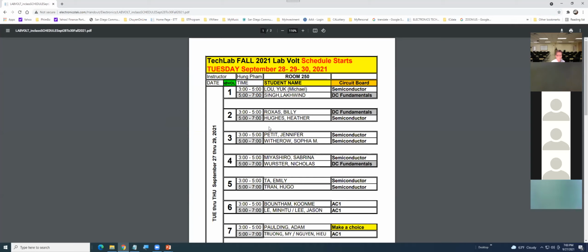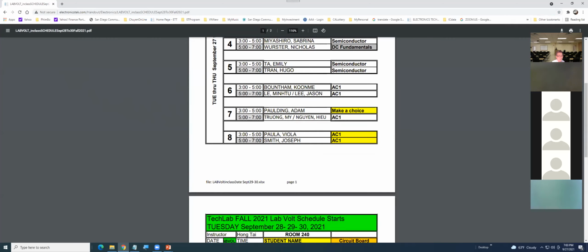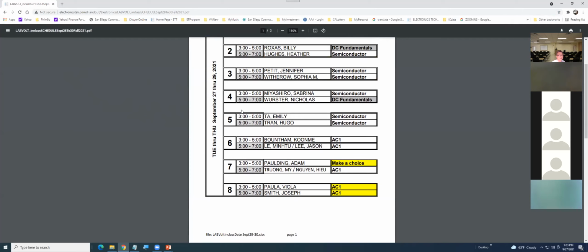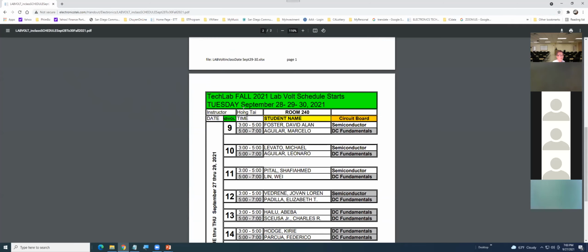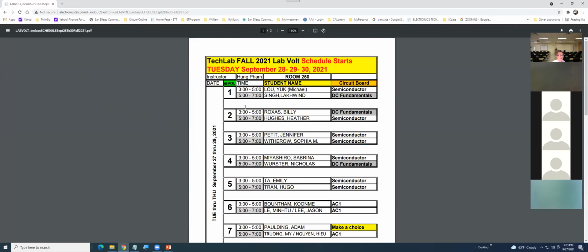You can bring it up and look here to see your name, what circuit board you are supposed to do, and what system number. Which tab do I have to go to?